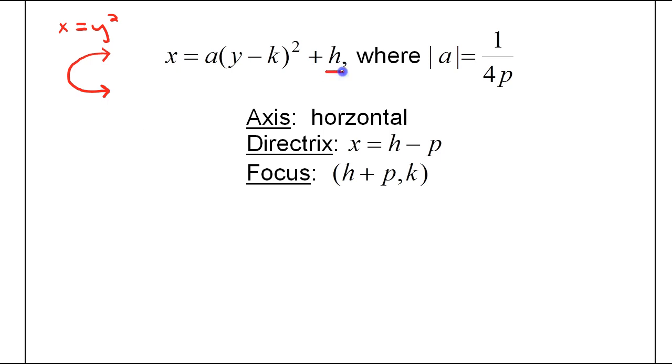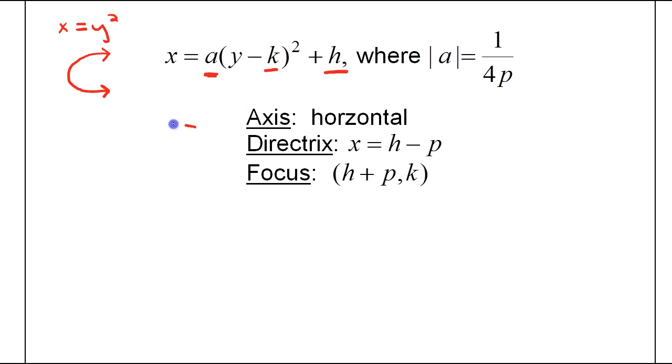Now here's my h and here's my k. The h is the x-coordinate and the k is the y-coordinate of the vertex. I will also need to look at the a here, and the a will help me find p, and p is the distance from the focus to the vertex and the vertex to the directrix.